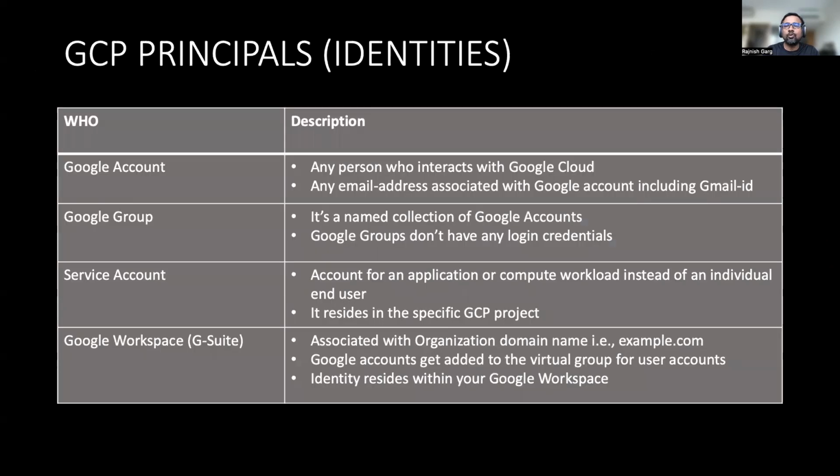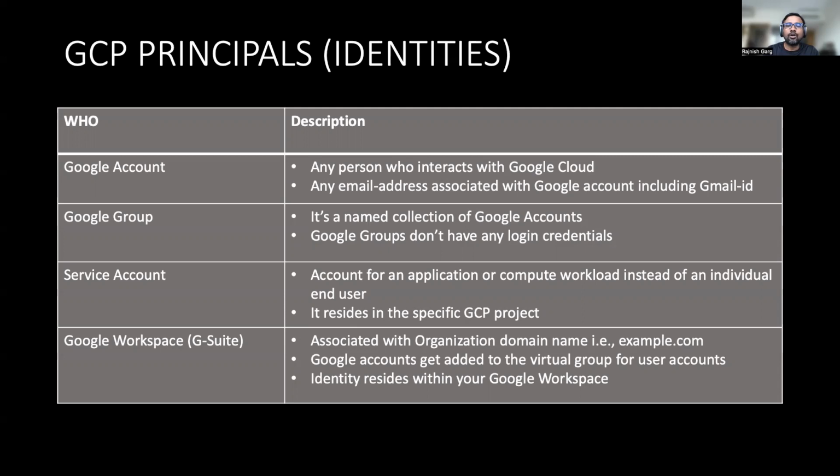Let's go through all the possible types of GCP principals or identities. The first one is called a Google account. In short, any email ID tied to a Google account is considered an identity. In other words, you can easily provide access to any of your GCP projects, organizations, or folders to any of your personal Gmail accounts.